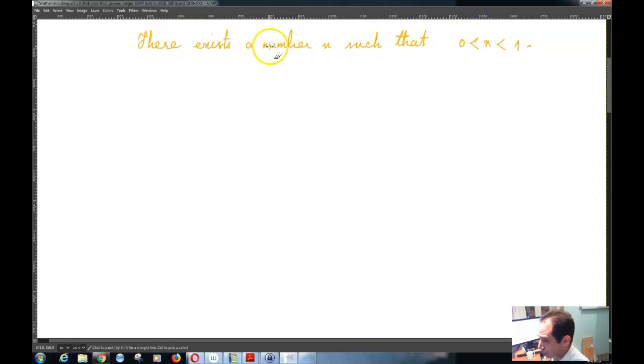For every number, for all, probably, I mean, if you're talking about, for example, real numbers, I would say for every real number x. So here we have x is greater than 0 and less than 1.